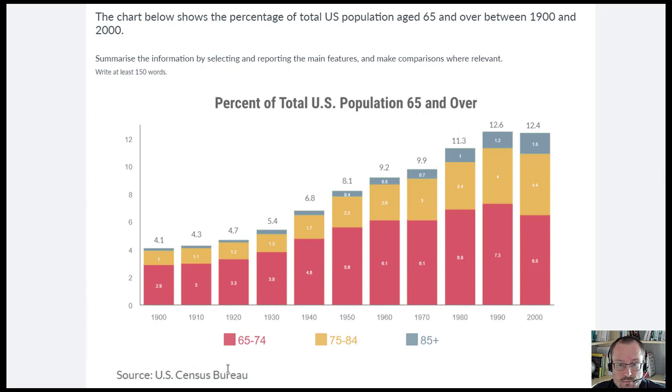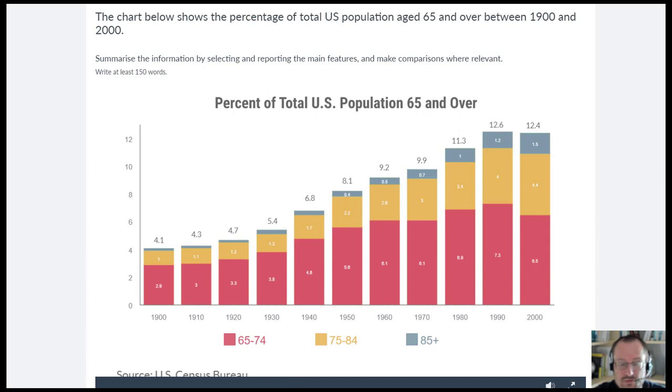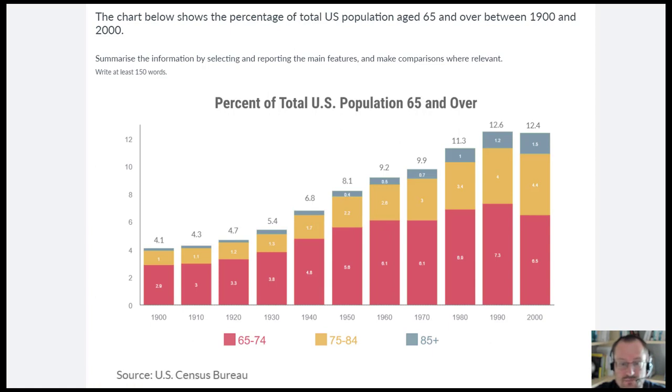Okay, so the diagram depicts the proportion of the population in the United States that is age 65 and older, divided into 3 age groups, and then we can include them. We can say 65 to 74, 75 to 84, and 85 plus.